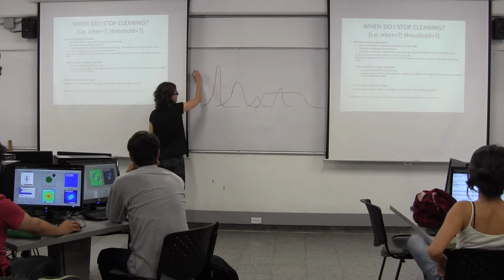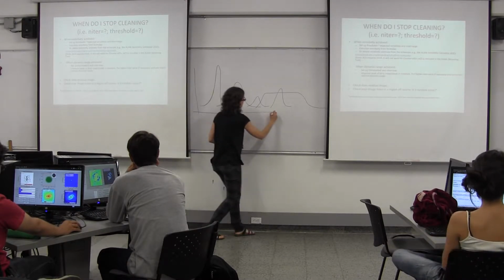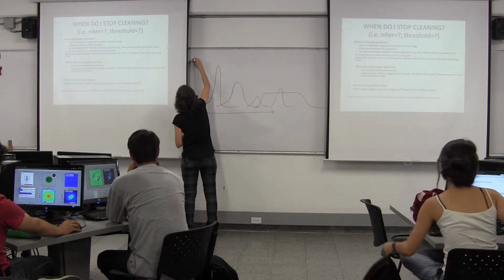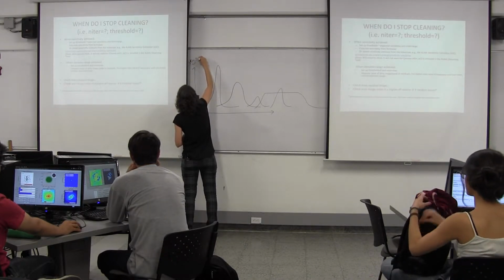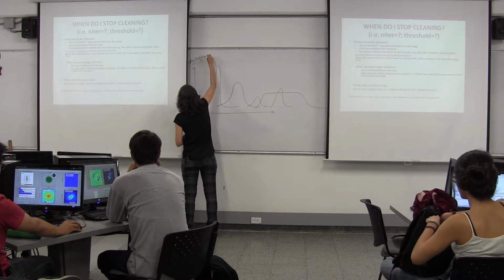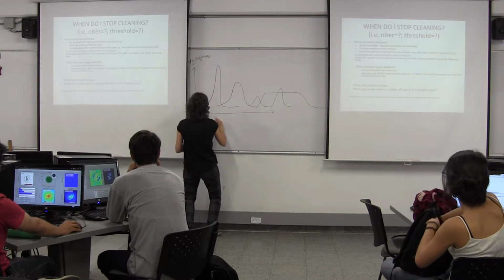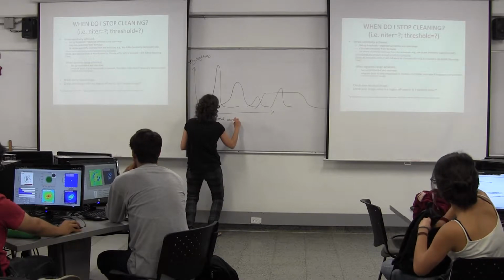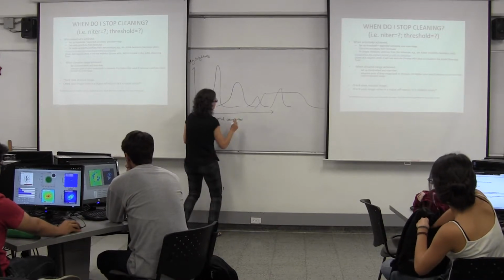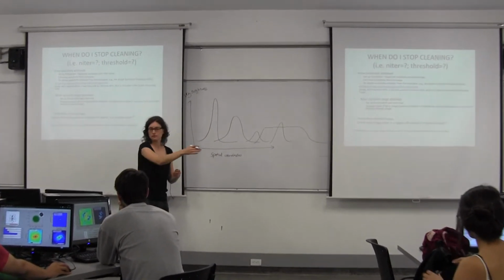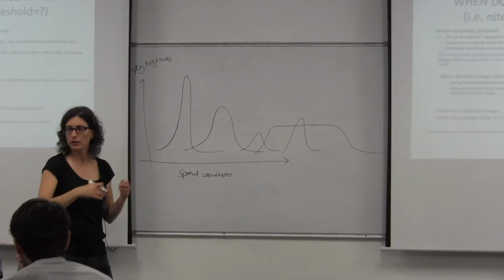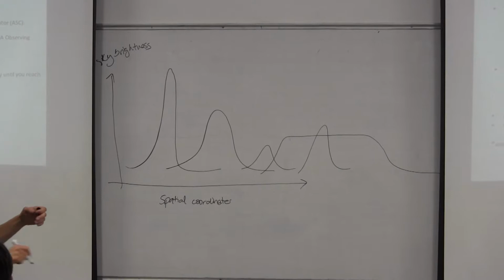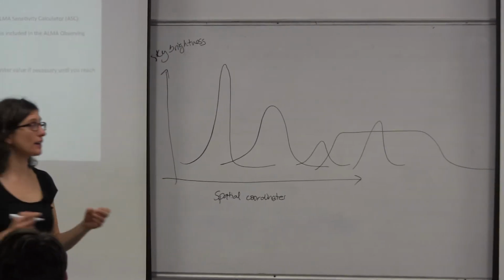Okay, this is sky brightness and this is spatial coordinates. You can think of making a slice through your clean image. Okay, so we start our clean algorithm.